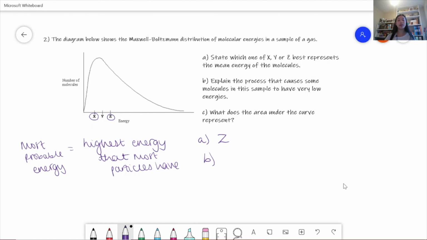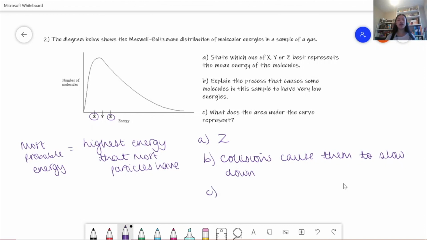So they'll collide with something, but then kinetic energy will be taken away from them, so they'll slow down. So that's why some of these molecules in the sample have very low energies. So the reason is collisions cause them to slow down.